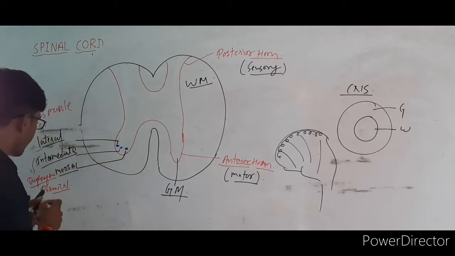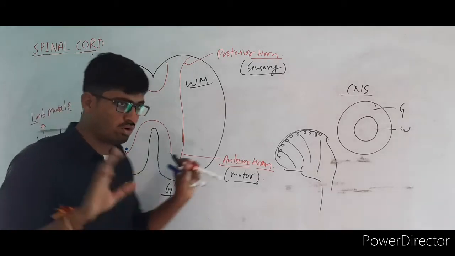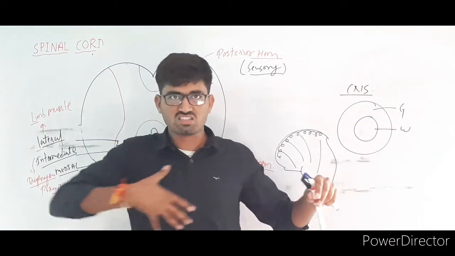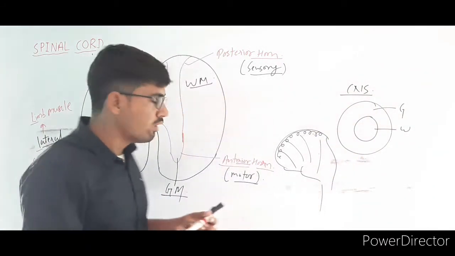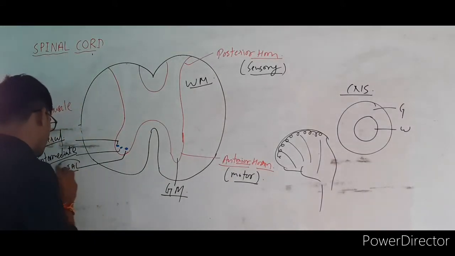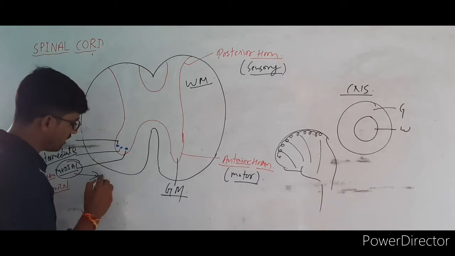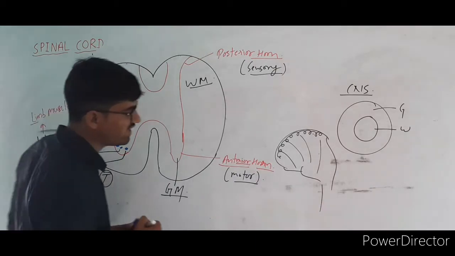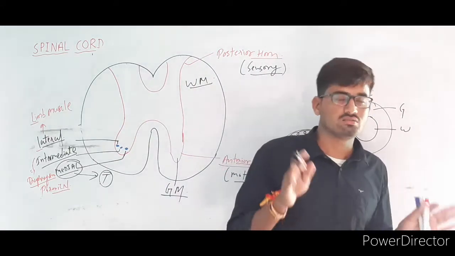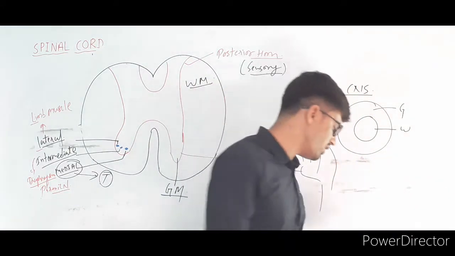Tell me. And this is the medial part. If this is the lateral and this is the intermediate, what is the medial? The muscles of the thorax region are innervated by this. So there are only 3 nuclei: lateral, medial and intermediate.